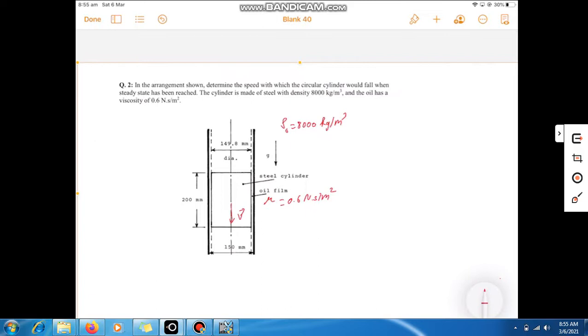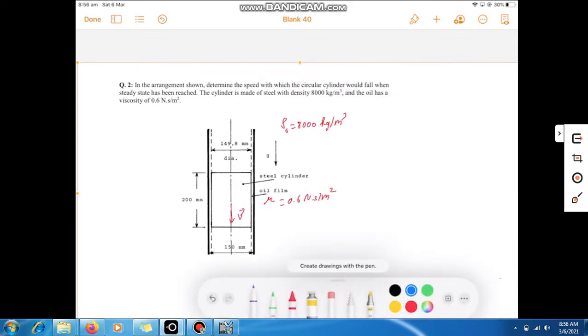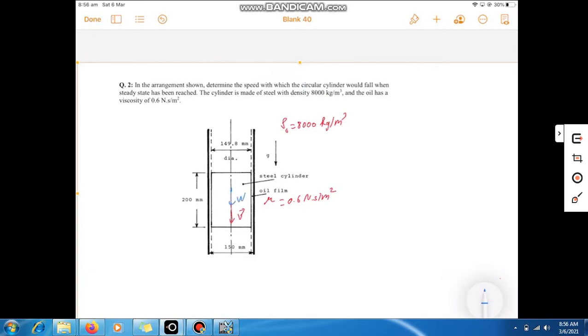Okay, when the steady state is achieved in this arrangement, it means the forces are balanced. It means downward force equals upward force. The downward force in this case is the weight of the circular cylinder, and the upward force is the shear force, Fs.